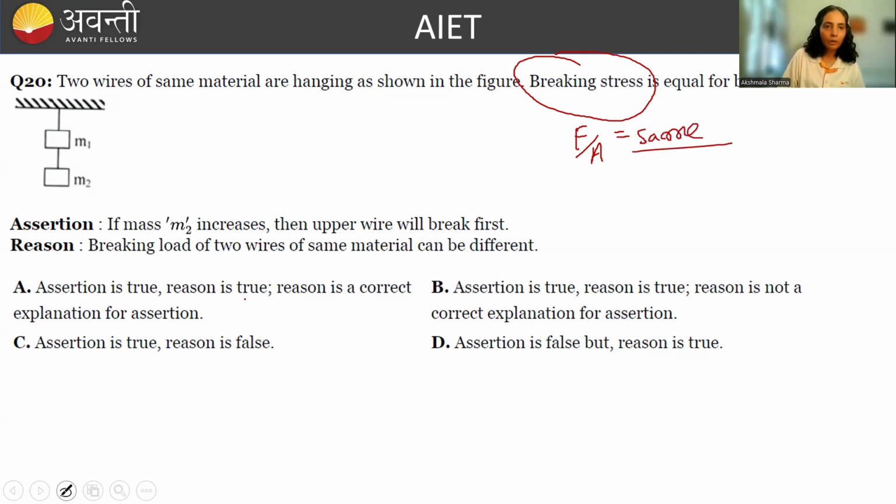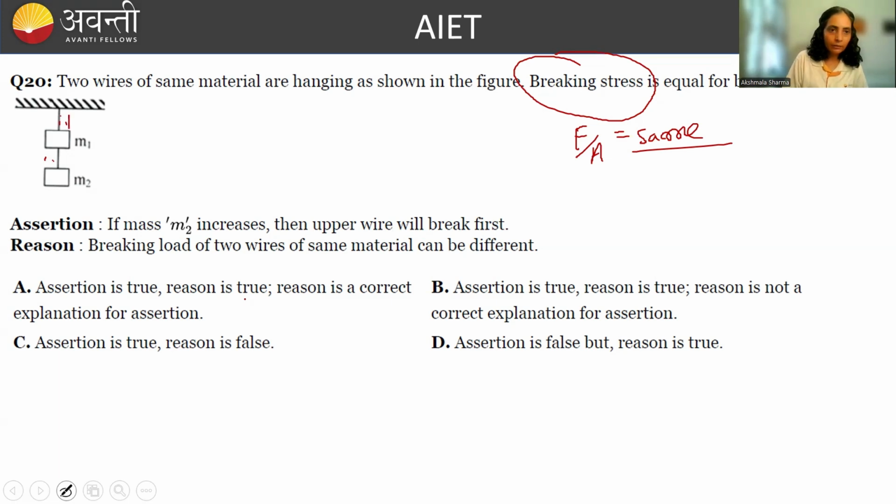So if M2 increases, the upper wire will break first. If M2 increases, let's for some time assume that these two wires have the same area of cross section. If we go with that assumption, let's calculate just the tension in these two wires, then we'll be able to see which will break first.